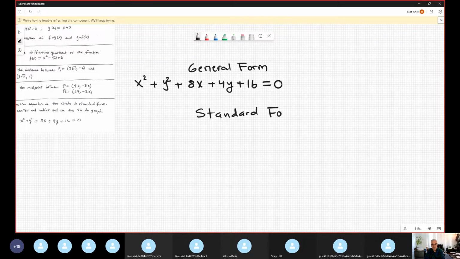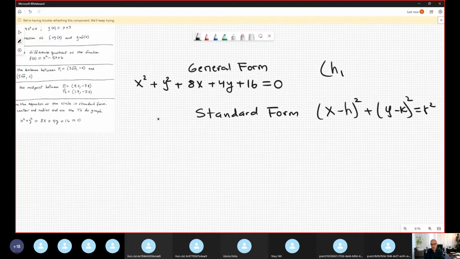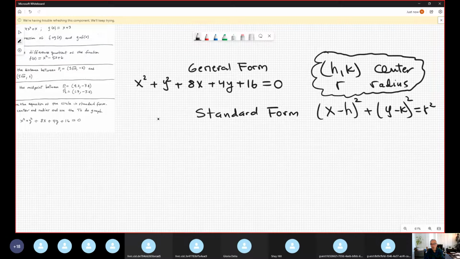Standard is something like this: x minus h squared plus y minus k squared equals r squared, where h comma k is the center point and r is the radius. When you have this in your hand, it allows you to do the graph, by hand or Desmos, either way.